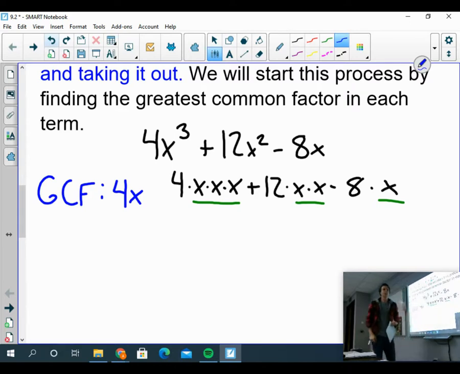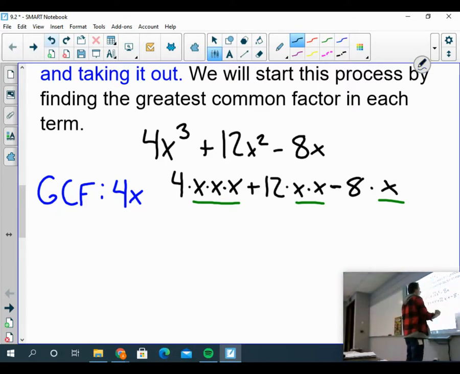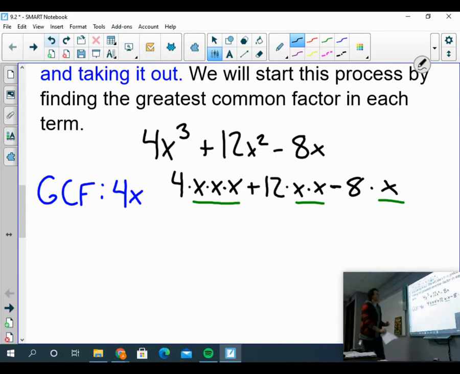But we'll get to that in a minute. Right now, we're just identifying the greatest common factor. The greatest common factor present of 4x cubed plus 12x squared minus 8x would be 4x. Okay? It is the greatest thing that all 3 terms have in common.